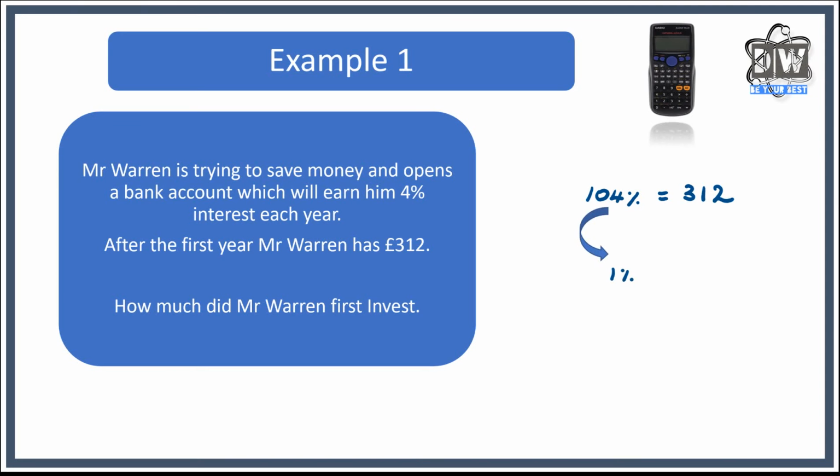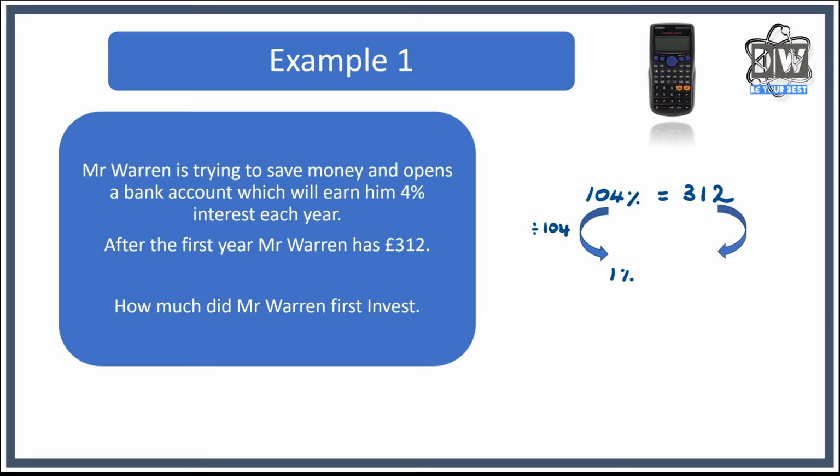If I divide 104 by 104, it'll give me 1. You take any number: 12 divided by 12 gives me 1, 32 divided by 32 gives me 1, 36.5 divided by 36.5 will give me 1. So I'm going to divide 104 by 104 and that will give me 1%.